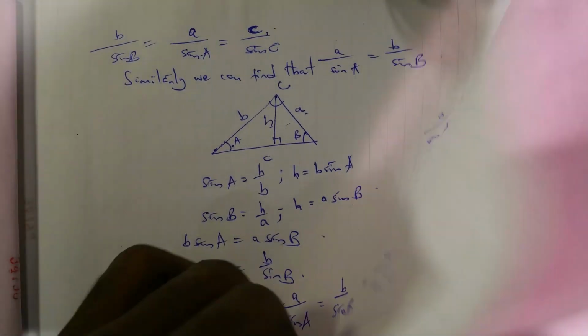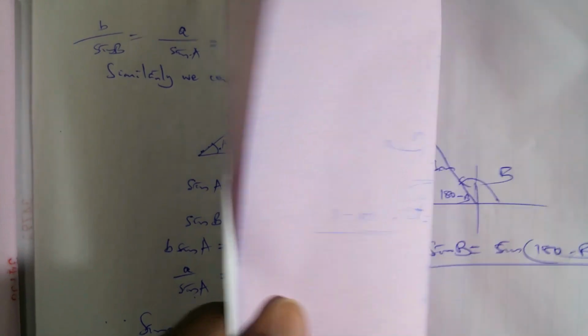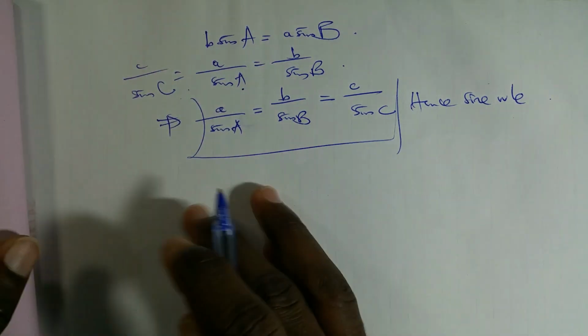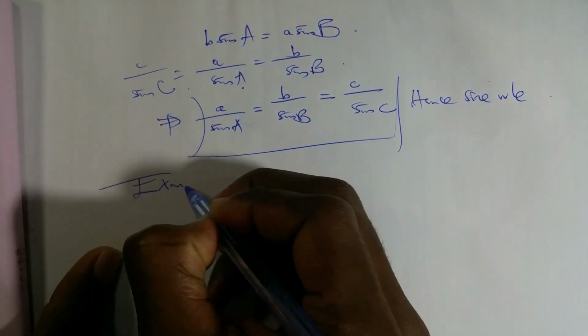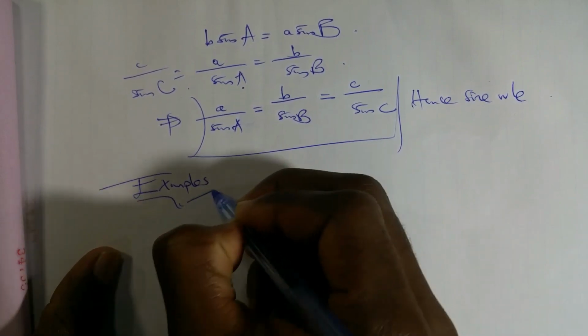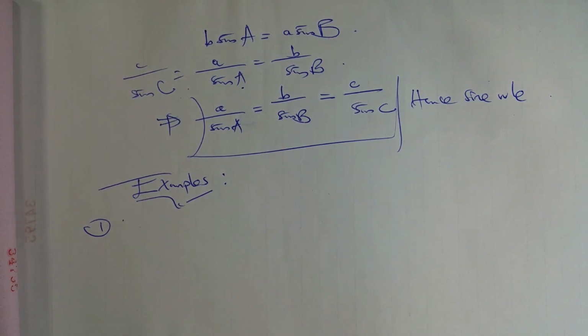So let's continue to some few examples that you might need to look at as far as the sine rule is concerned. Let's check examples. First example, find the length of the side BC in the given triangle.